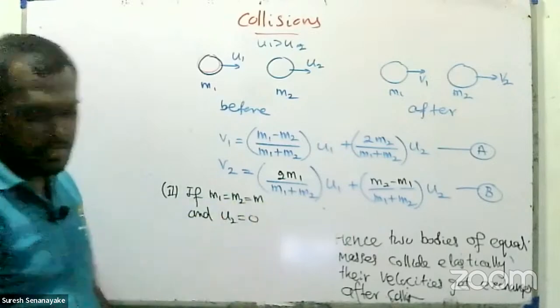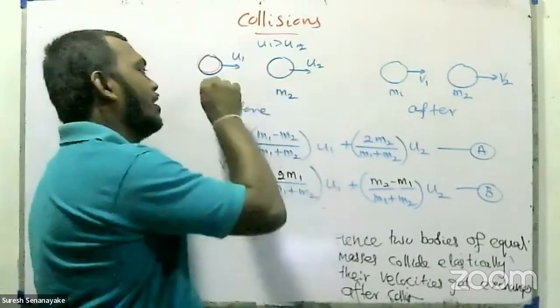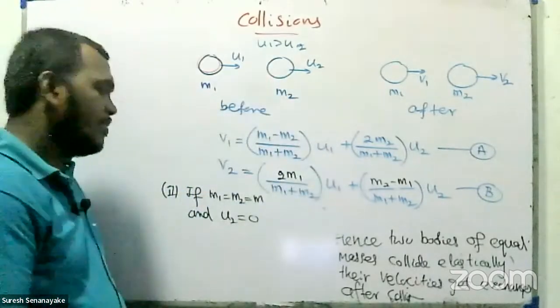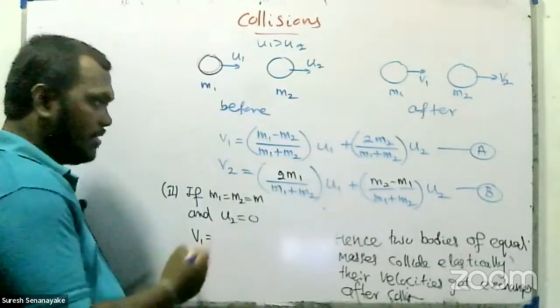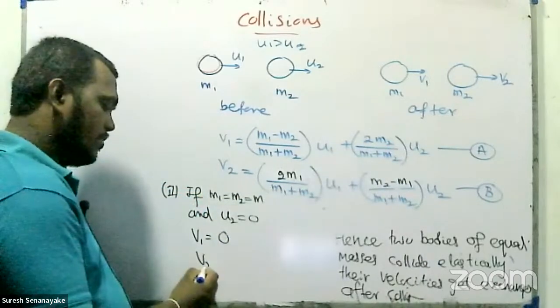The second body is stationary. Then from this equation, v1 equals u2, which is 0, and v2 equals u1.